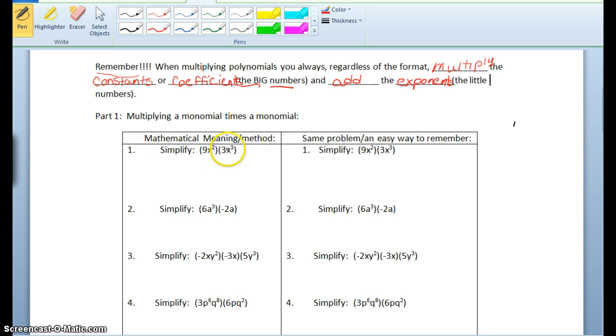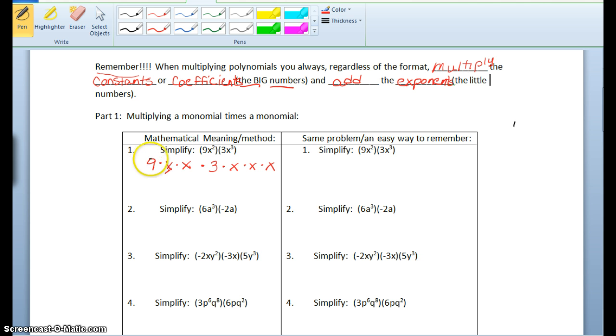Let's start with these first two monomials. We have 9x squared times 3x to the third power. All this means is 9 times x times x. 9x squared is the same as 9 times x times x, and then 3x to the third is the same as times 3 times x times x times x.